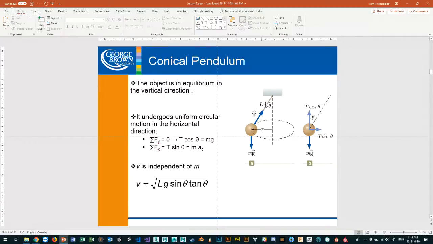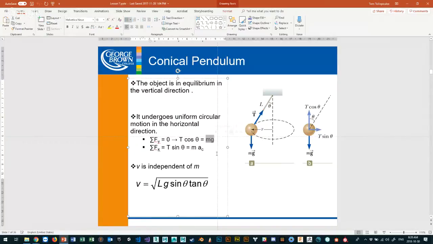It's interesting: typically we say that cos is along the x-axis and sine is associated with the y-axis. But in this case, it's reversed, and it's because of this centripetal motion, this circular motion. So we can say that T cos theta is equal to mass times gravity. That's where the sum of all forces is equal to 0 across this axis, almost like the normal force.